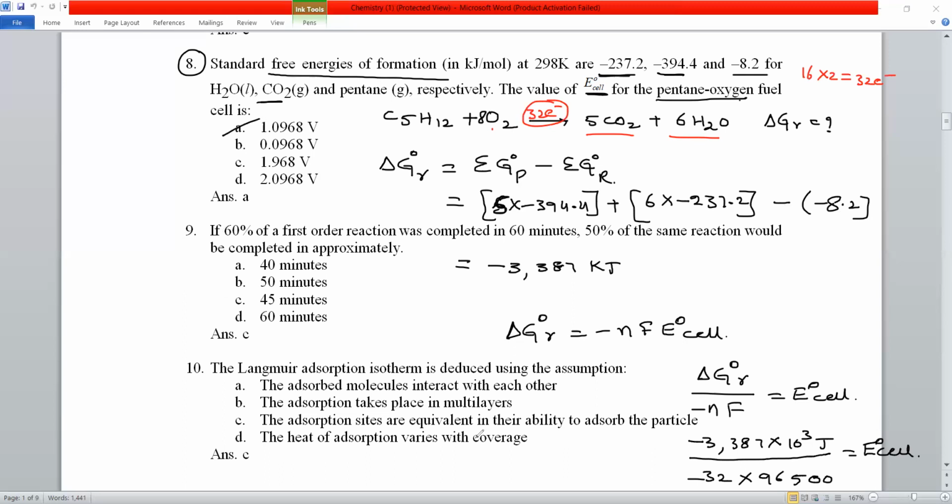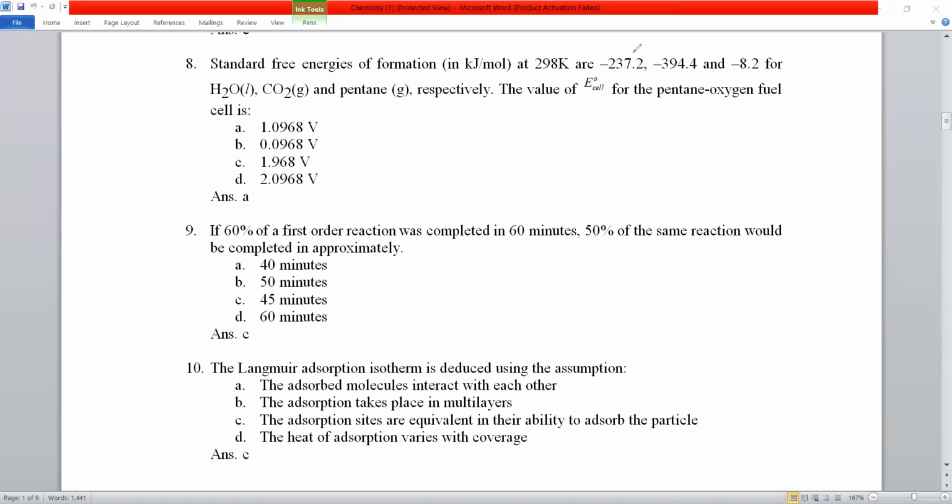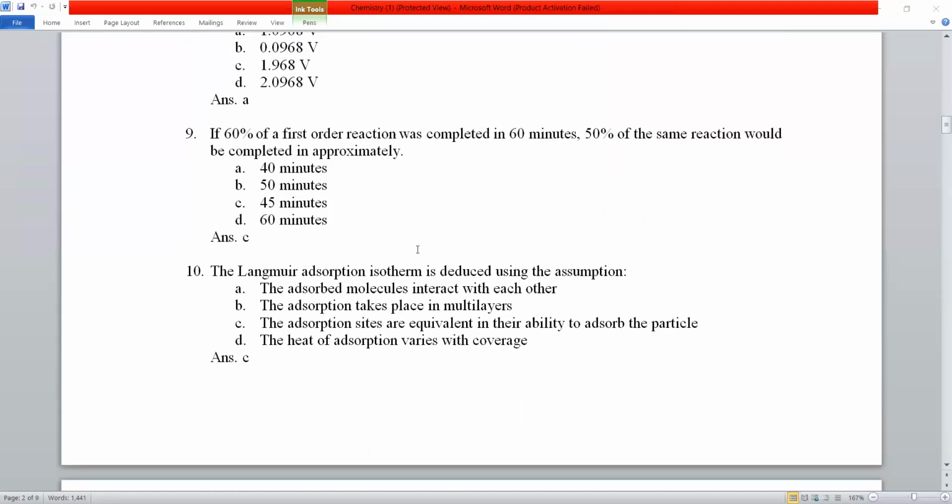Okay, this is the method. This much long process is there, students. So in this question, the chapter thermodynamics is there as well as electrochemistry also. So it is an interlinked question.